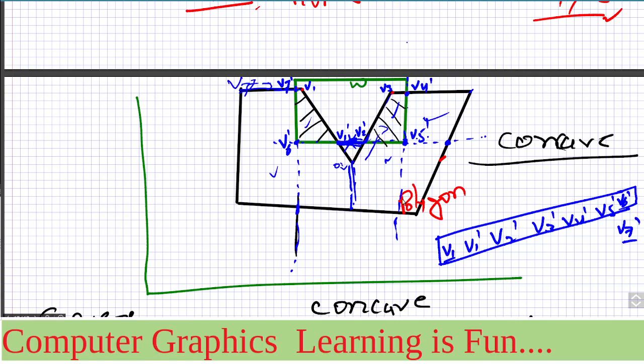Such kinds of things you can consider, and multiple options can be there. Multiple algorithms have been published for this purpose. So this was all about polygon clipping. Is there something else that you want to discuss?